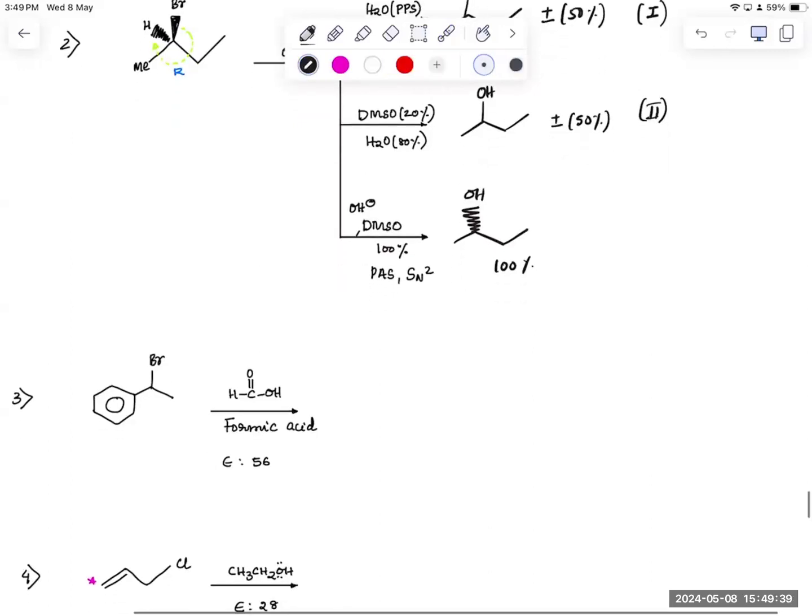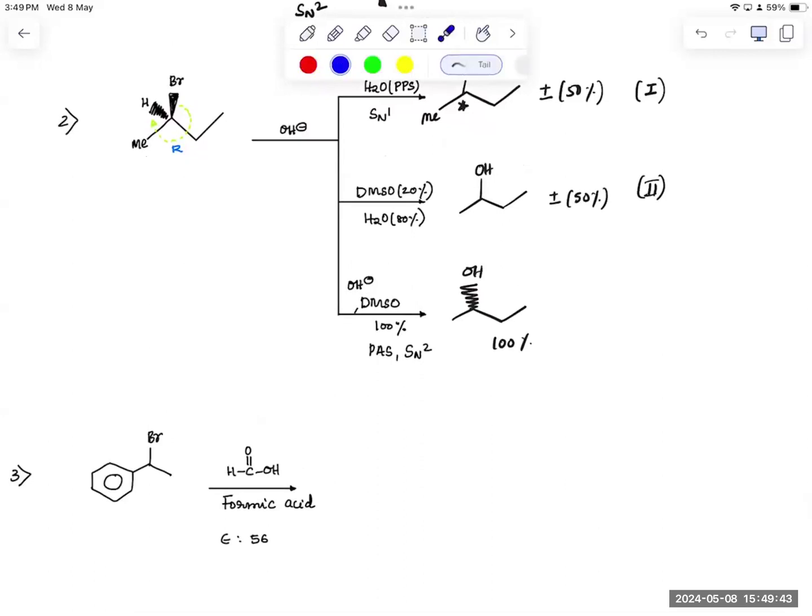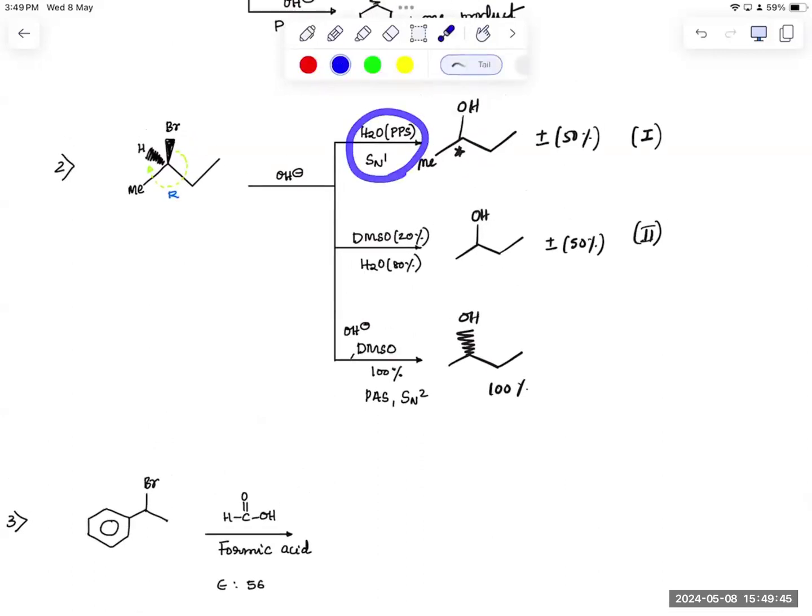Notice this one. In the case of the first case, what is happening? Since there is only water, 100% there is only water, it would always have some part of inversion, because we have noticed that immediately inversion can take place because you have a large amount of water present.